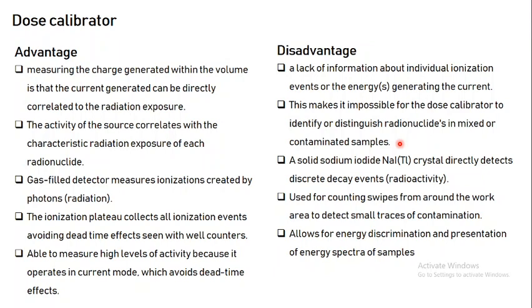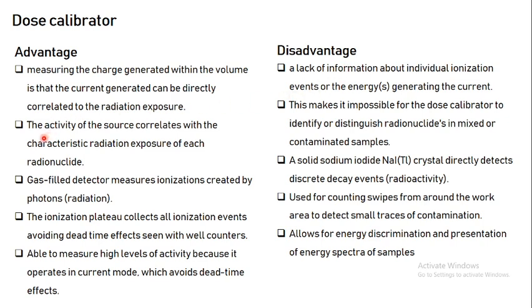So there are some advantages and some disadvantages of a dose calibrator. If we study here, by measuring the charge generated within the volume, the current generated can be directly correlated to the radiation exposure. Similarly, there is a lack of information about individual ionization events or the energy generating the current. So this is a disadvantage.